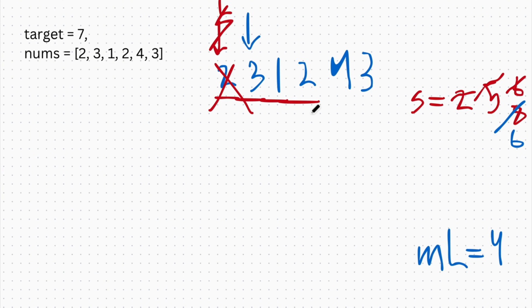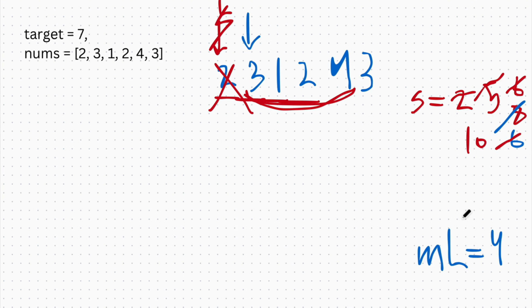Now 6 is less than 7, so let's expand our window. Now our window has this. We have 6 plus 4, which is 10, and 10 is greater than 7.